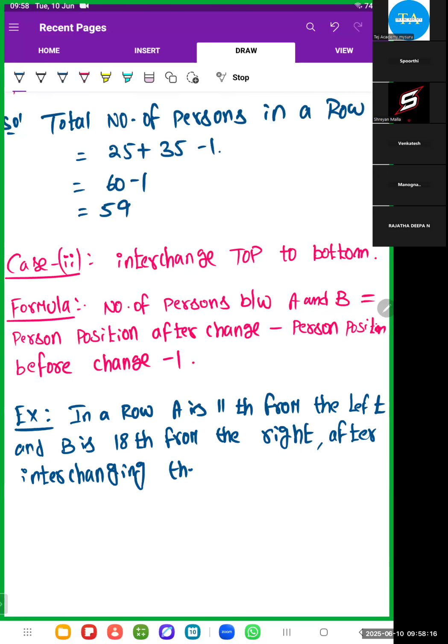After interchanging their positions, A becomes 29th from the left.